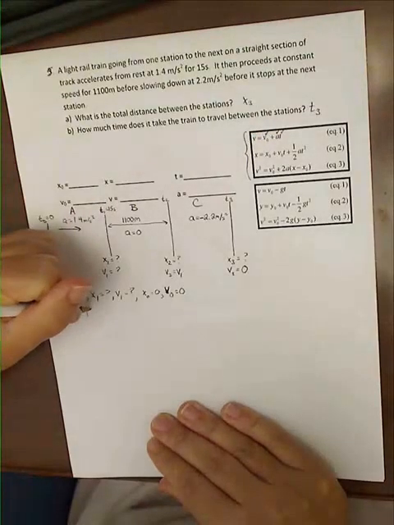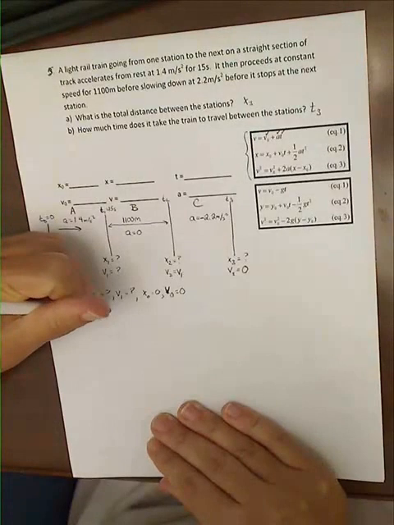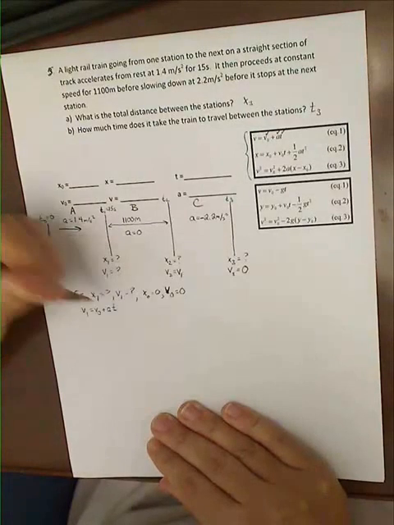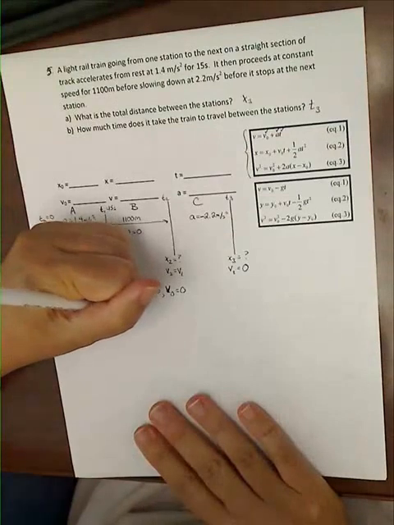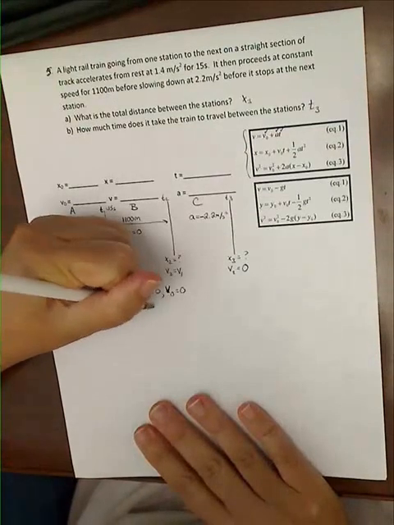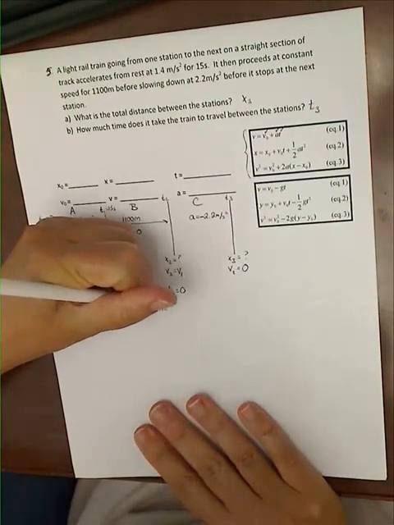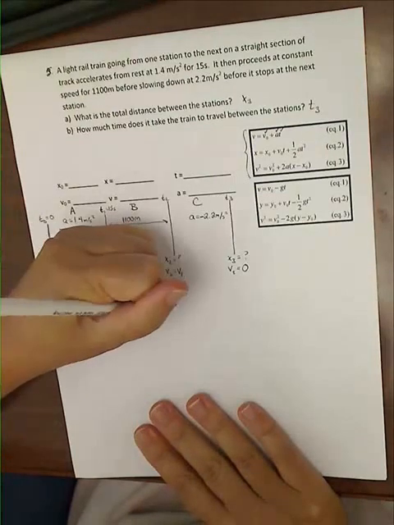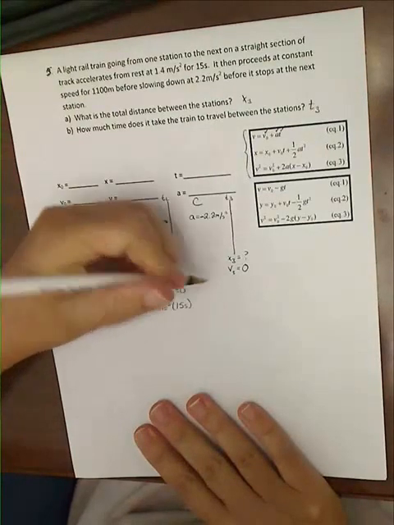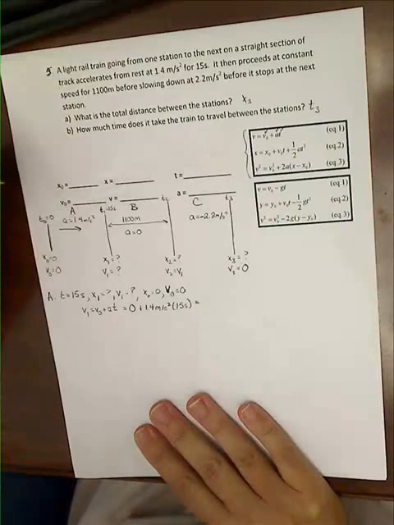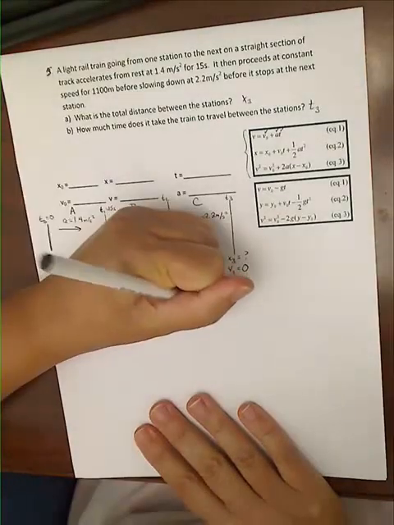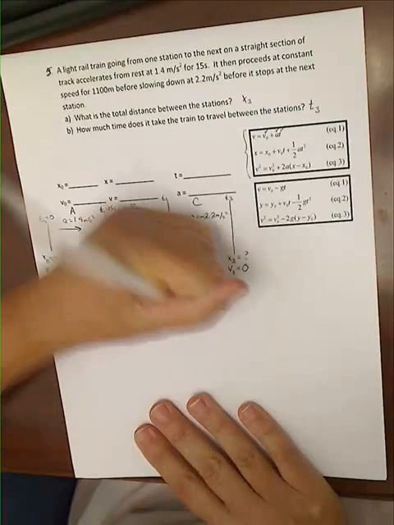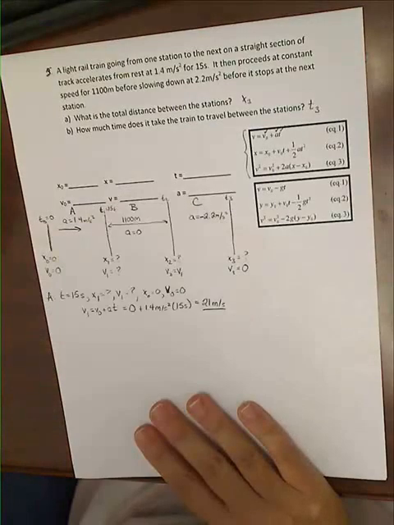V1 is equal to V0 plus A times T. V0 is 0, my acceleration is 1.4 meters per second squared, and my time is 15 seconds. So my final speed is going to be 1.4 times 15, which is exactly 21 meters per second. Is that a reasonable number? Yeah, it probably is a reasonable number for the train to be traveling at.